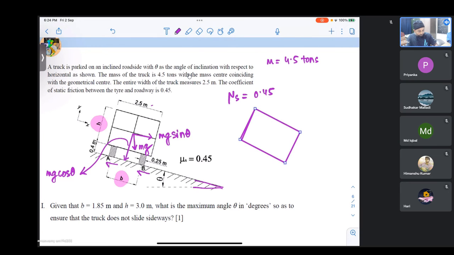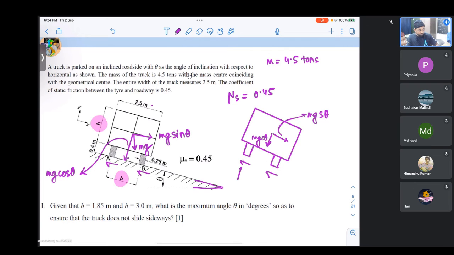Let us just draw it here once. I have two wheels shown like that, and then I have the frictional force that is opposing it. I have mg cos theta here, and this is mg sin theta, and then I know that there will be normal forces.